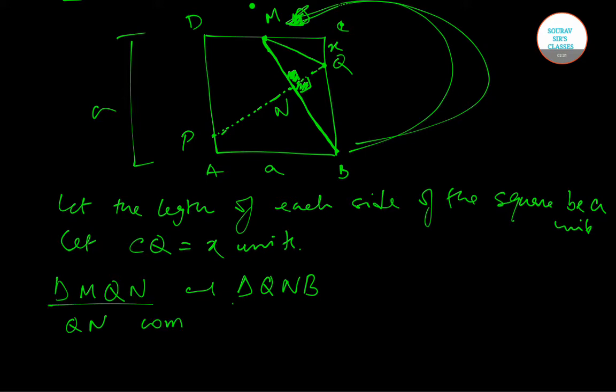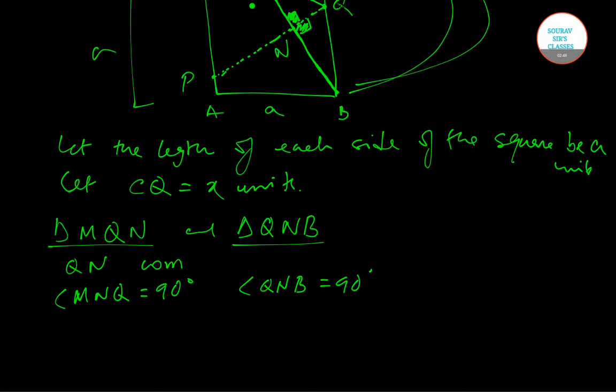In triangle MQN we have angle MNQ equals to 90 degrees, whereas in triangle QNB we have angle QNB equals to 90 degrees, and MN equals to NB.